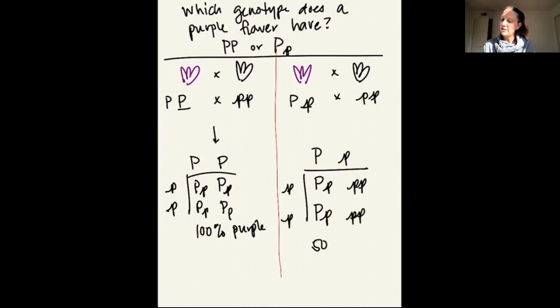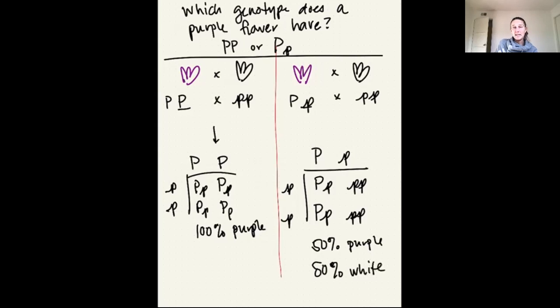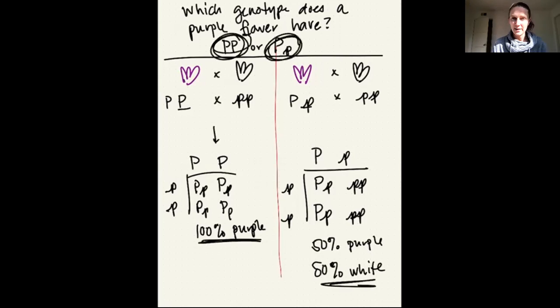Notice now we would get 50% purple flowers and 50% white flowers. So by doing a test cross, taking that purple flower and mating it to a white flower, we can tell what that original parent was, depending on the outcome of that cross. That's a test cross. It helps you determine if a dominant phenotype is homozygous dominant or heterozygous, based on what you get out.